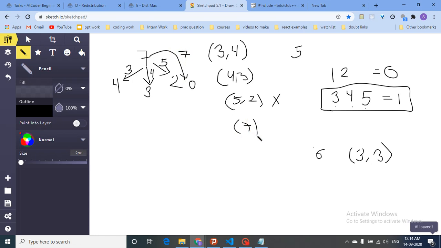Thus you have to take down base conditions: if s is equal to 1 or 2, the answer is 0. If s is equal to 3, 4 or 5, the answer is 1. Also, if s is equal to 0, then the answer is 1, because that's also a base condition. Now for some bigger number, let's assume 10, you will keep on doing this.